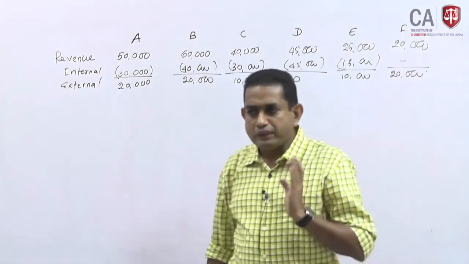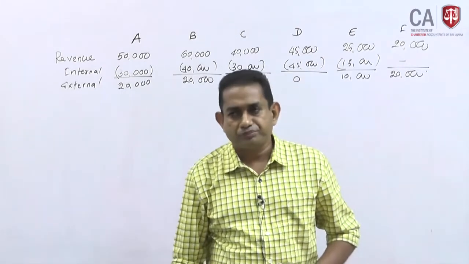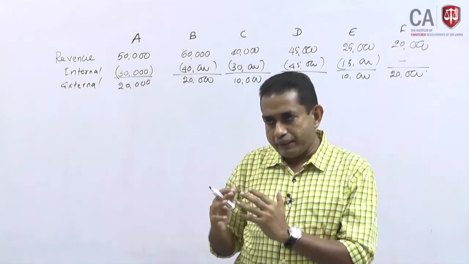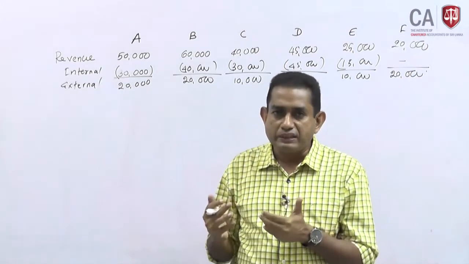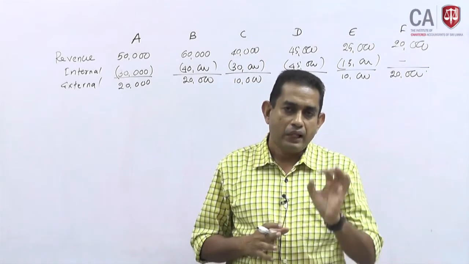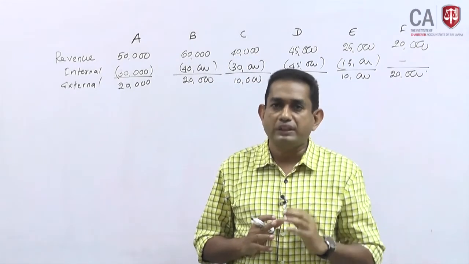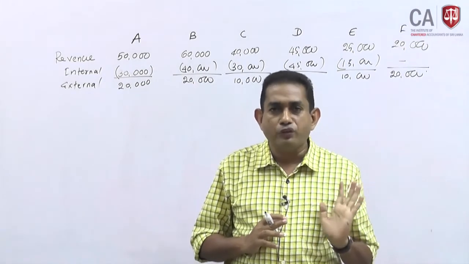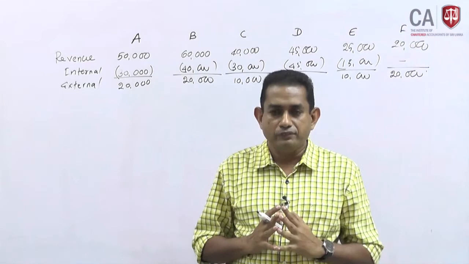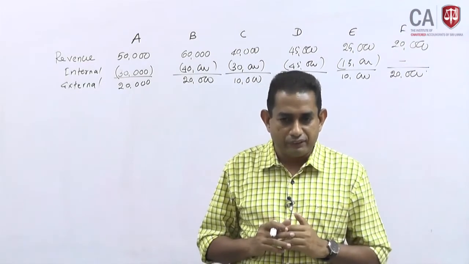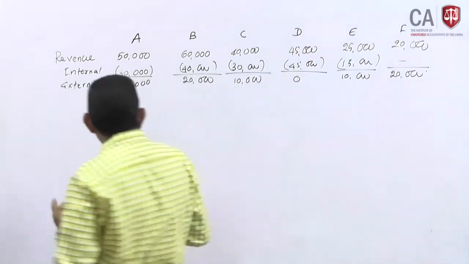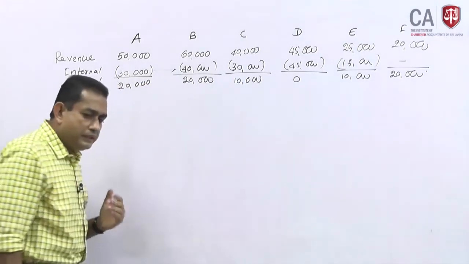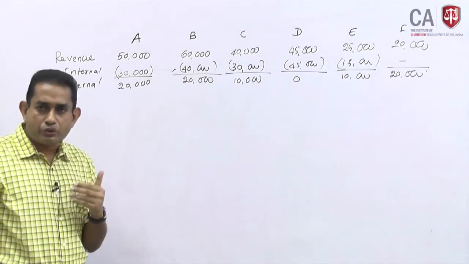Now, I want you to understand one important point. We prepare the financial statements for the entity, and the entity's revenue figure cannot include any of the internal revenue. It has to include only external revenue. Because if A is selling goods to B, this is like the entity selling the goods to the entity itself.